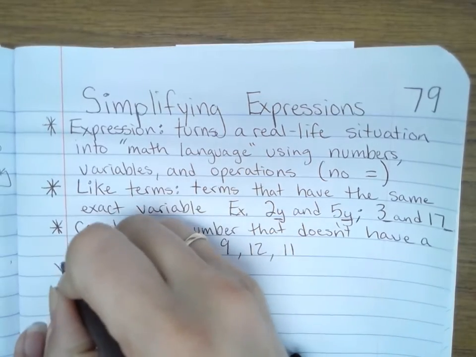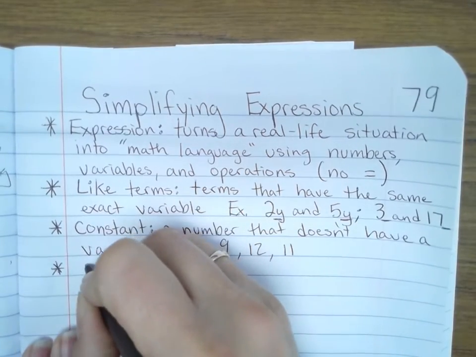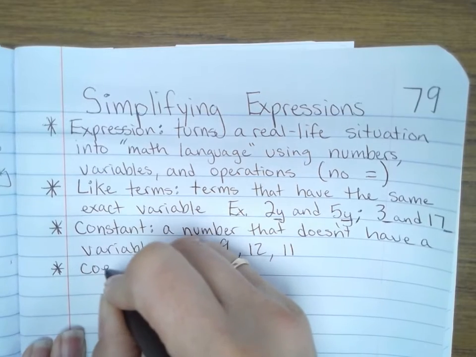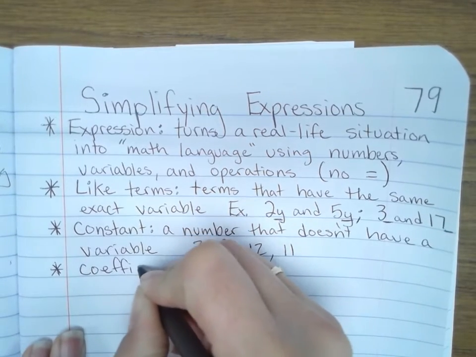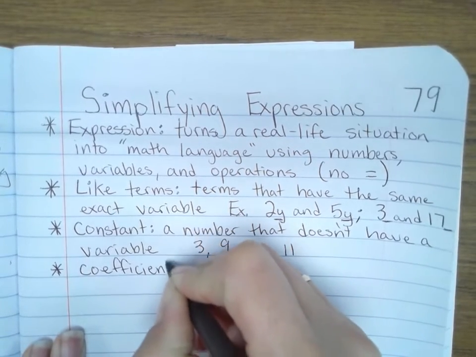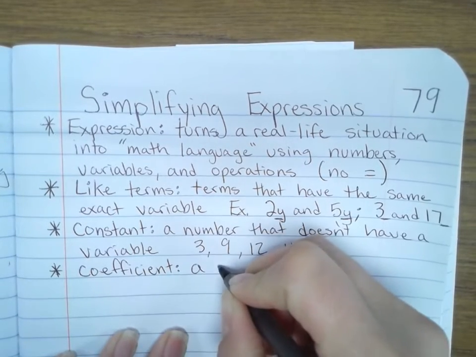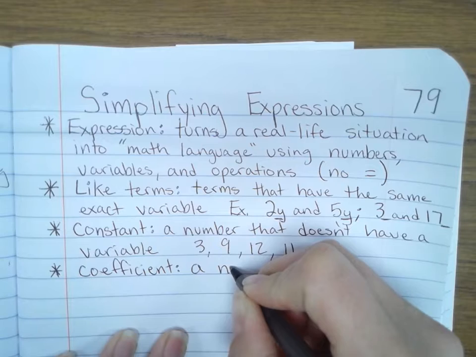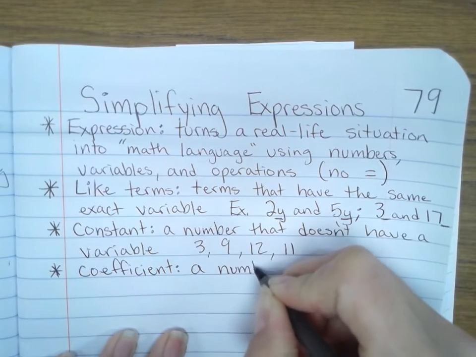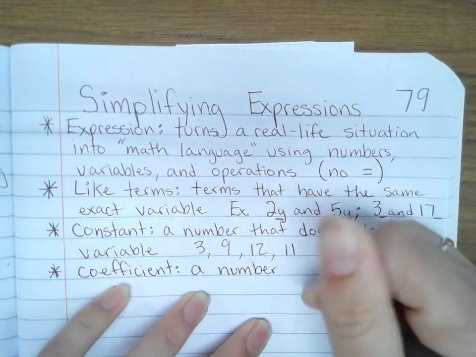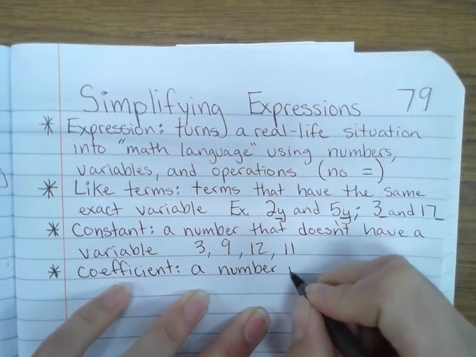Okay, there is one more. I want you to write coefficient. A coefficient is a number multiplied to a variable.